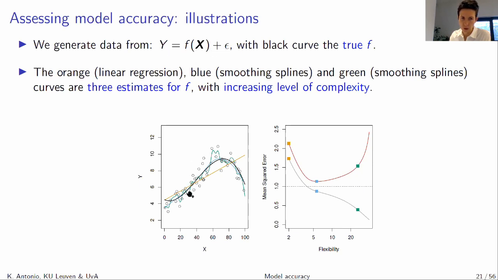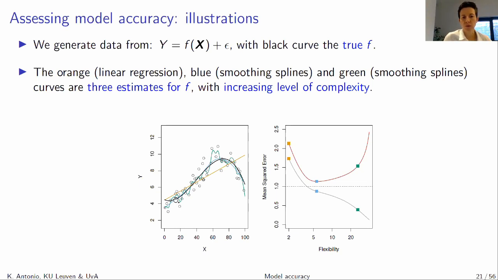The targets are simulated from this known model where the true f is visualized with the black curve. Then I fit these three models. My orange model is just a linear regression of y versus x. My blue curve is a smoothing spline, and my green curve is another smoothing spline, but the green is more complex, so more wiggly than the blue one.